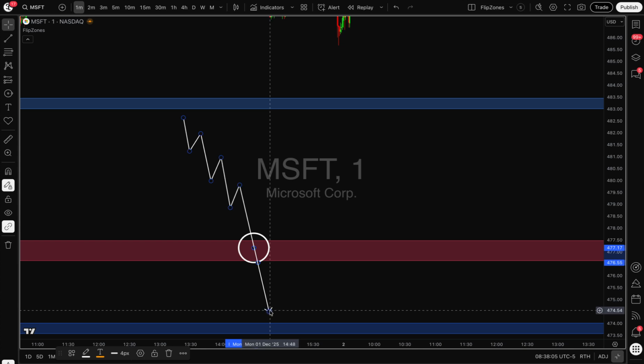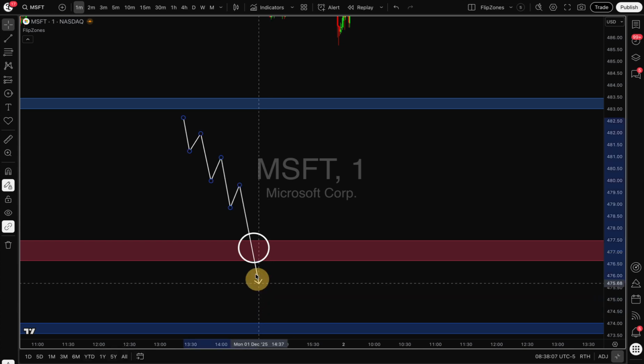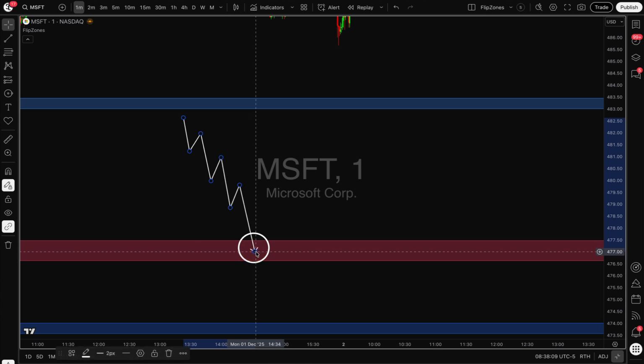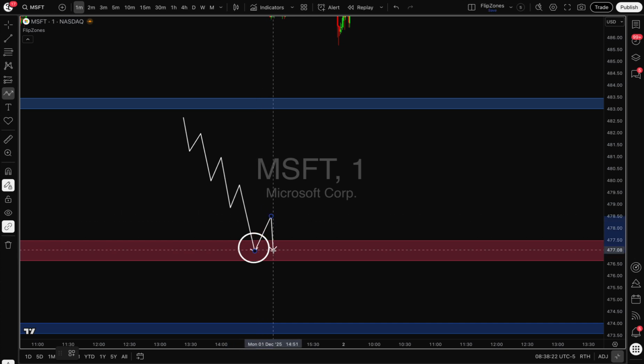Well, instead, I like to wait for some sort of confirmation for price to prove to me that this is in fact the bottom of this micro downtrend here. What I need to see is some sort of reaction on the zone itself to prove to me that there are in fact buyers down here, and I should expect higher prices after we hit that zone.